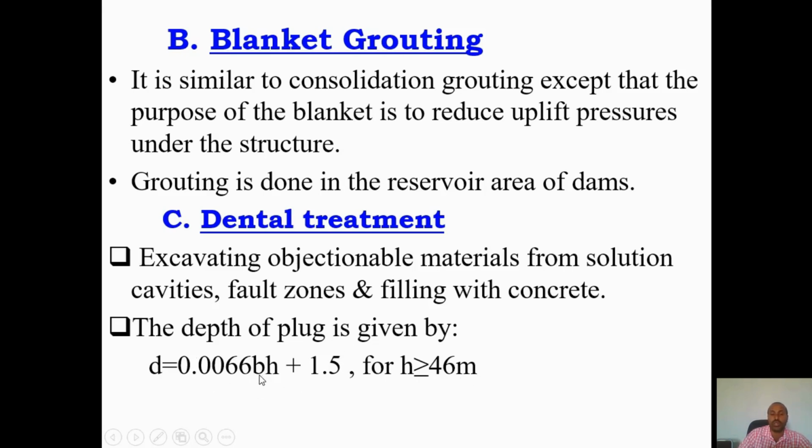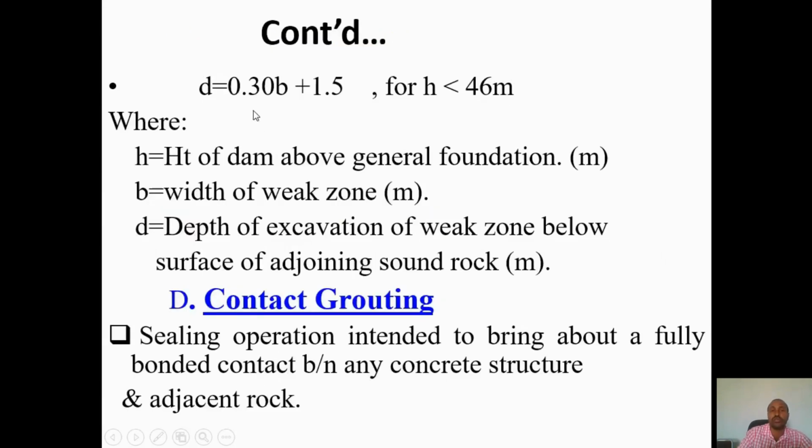V is the width of the weak zone and H is the dam height. And the second one is 0.3 V plus 1.5 for H, height of dam above general foundation, for 6 meters. You will use this one for depth of plug. H is the height of dam above general foundation, above river bed level, and V is the width of the weak zone.